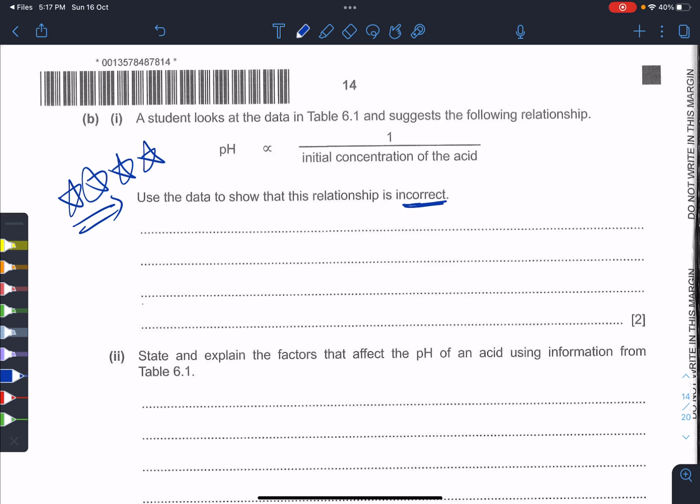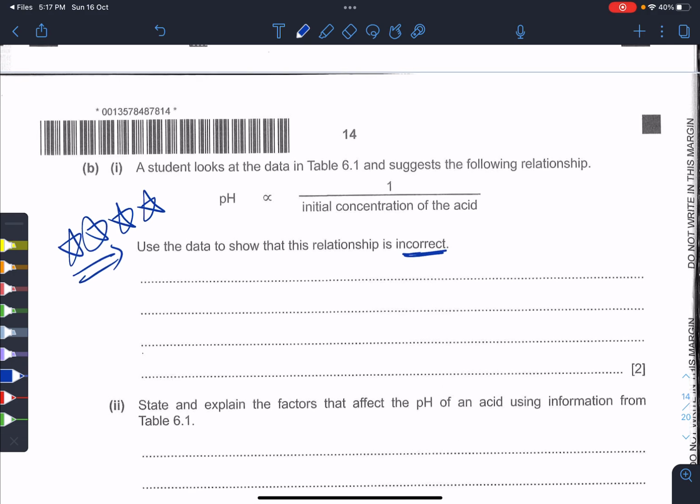A lot of you try to explain using the mathematical model. Honestly, cannot. Because in your mind, you're very simplistic. What is simplistic? You do the maths, you write down pH equals K1 over acid concentration.